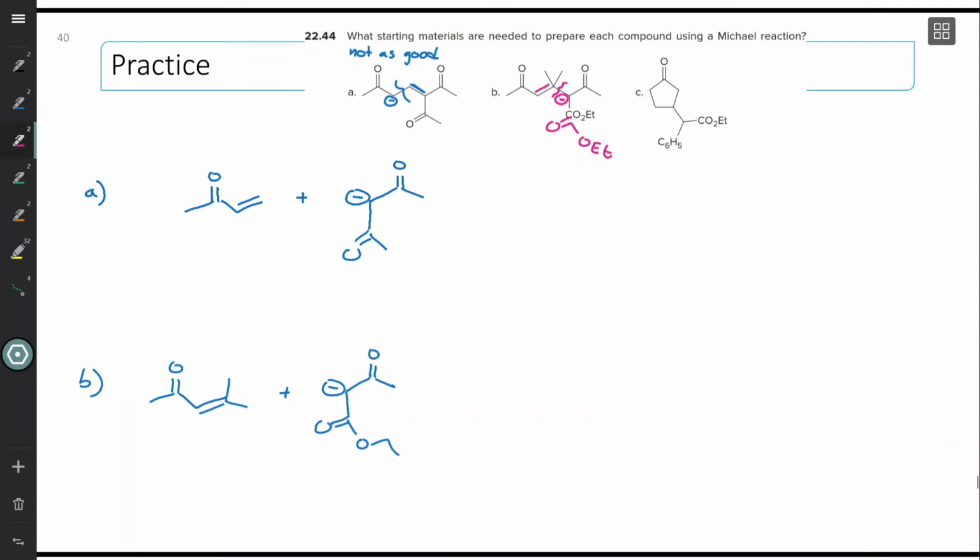And C, this is a good enolate spot. We break there. That, and so this is CO2 ethyl, and then this is phenyl, like that. So the trick to these is to find the best enolate.